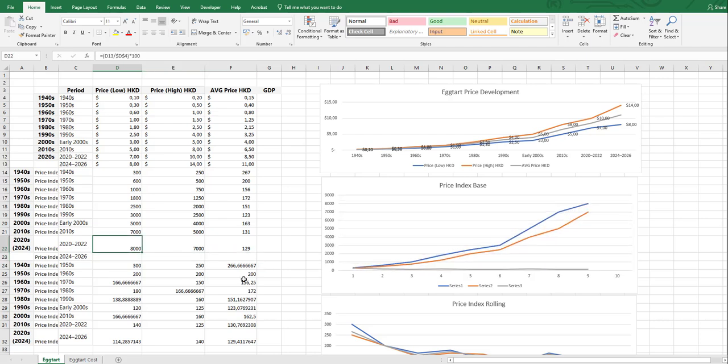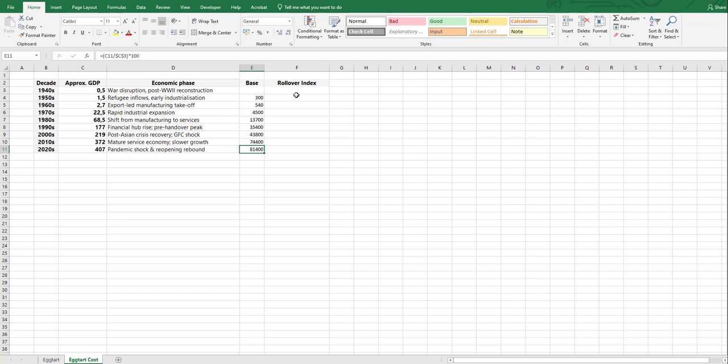The egg price increased. So I will calculate the rollover index as well, which is this one divided by this one times 100. I won't bother about the brackets now, and then we will see a slowing down pace here.